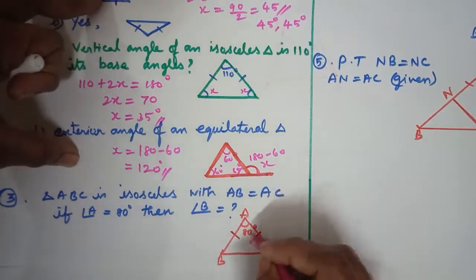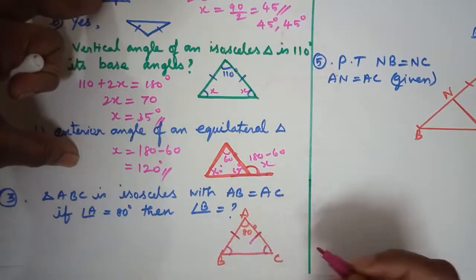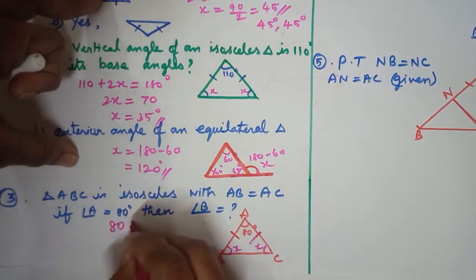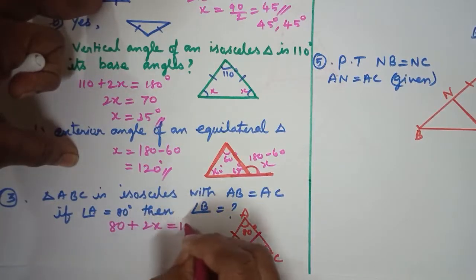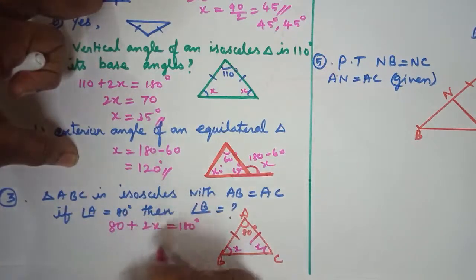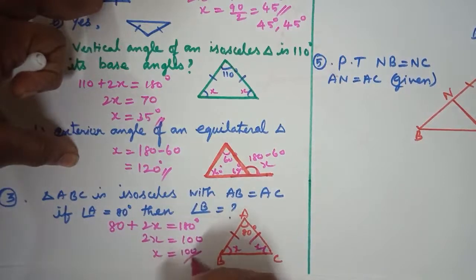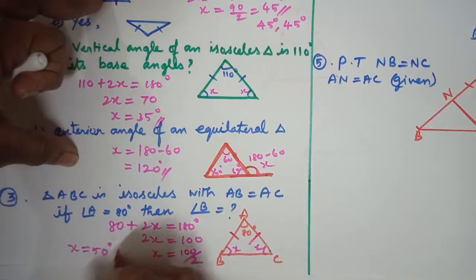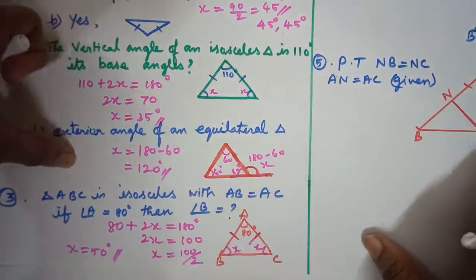Now these two sides are equal, then these angles are also equal. So put this as x, this as x. Then 80 plus 2x equals 180 degree, because of the angle sum property of a triangle. Sum of the angles is 180 degree. Therefore 2x is equal to 180 minus 80, 100. Therefore x is equal to 100 by 2, that is 50 degree. Is it clear, students? Good.